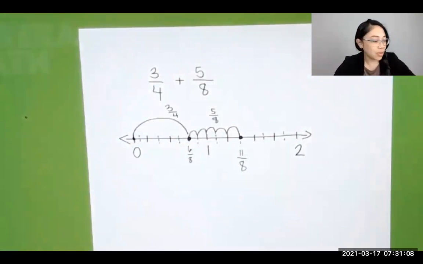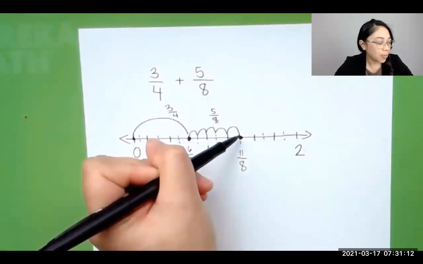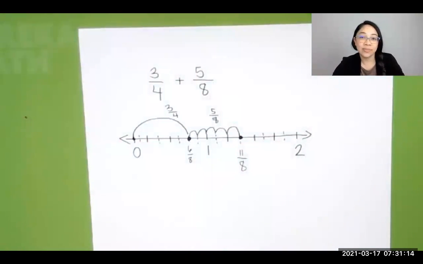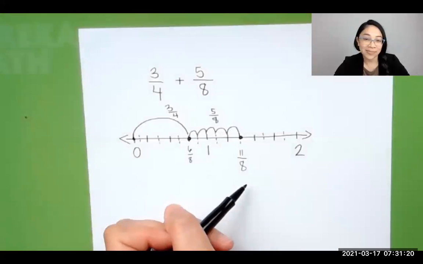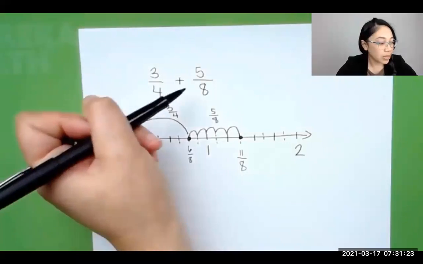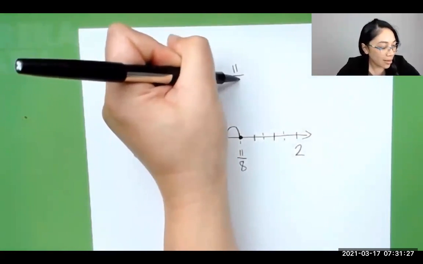Then I drew my 5 hops to represent the 5/8, and that was equal to 11/8. So 3/4 plus 5/8 equals 11/8.